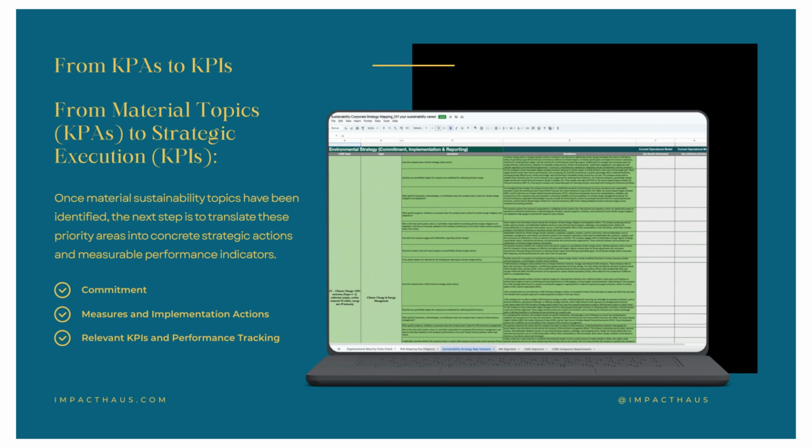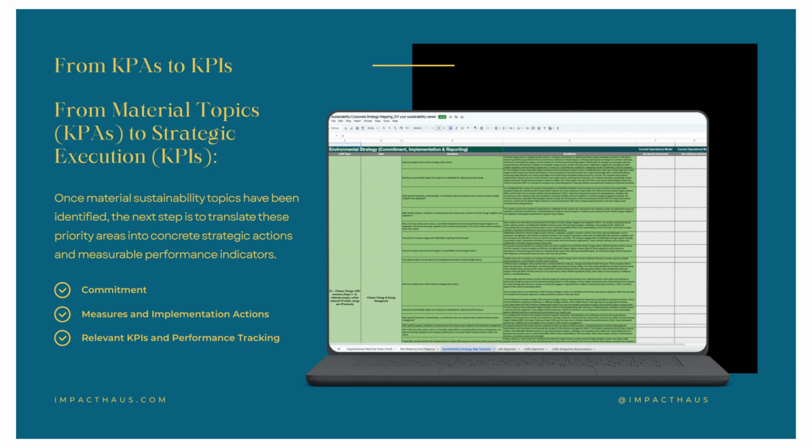From this roadmap, organizations can build sustainability dashboards, ESG reports, and internal performance tracking systems. It also allows management to prioritize investments, allocate resources, and assign accountability across departments. Sustainability therefore moves from being an abstract concept to a structured operational system embedded in everyday business decisions.